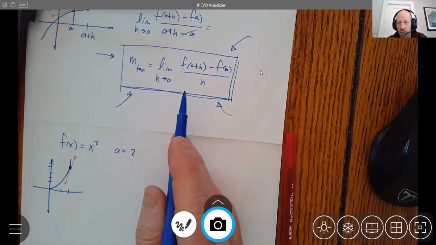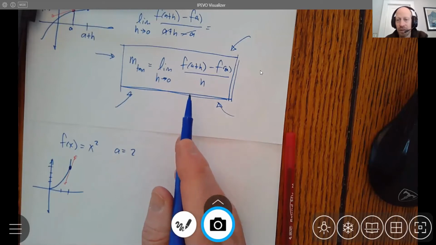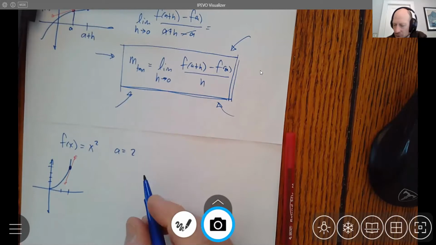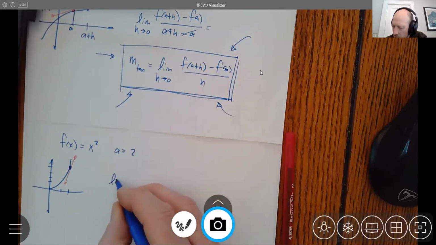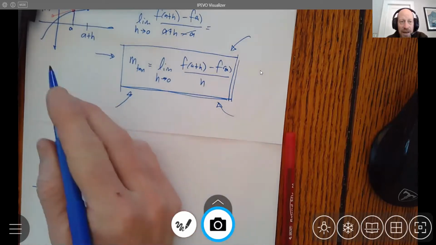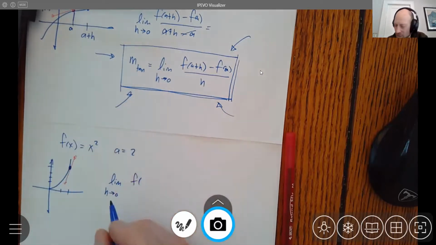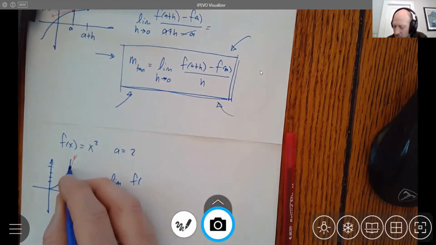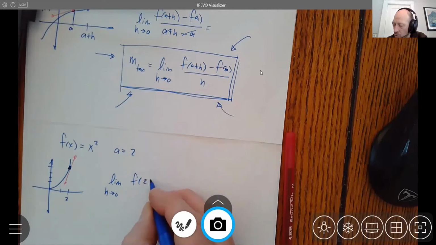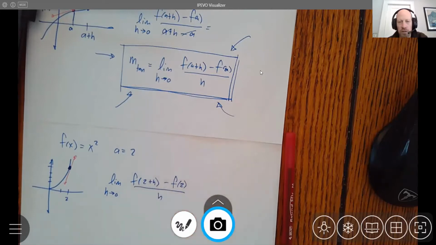So I'm going to use this definition. Don't use other things. This is the definition, the slope of the tangent line. So it's going to be the limit as h goes to 0 of f of a, where a is my x value where I'm interested in what's happening. It's where this point is. So that's going to be f of 2 plus h minus f of 2 all over h.